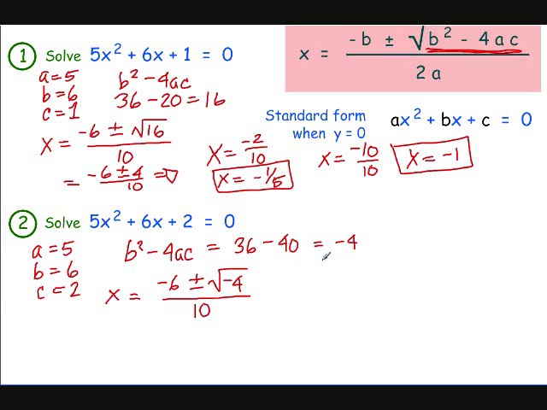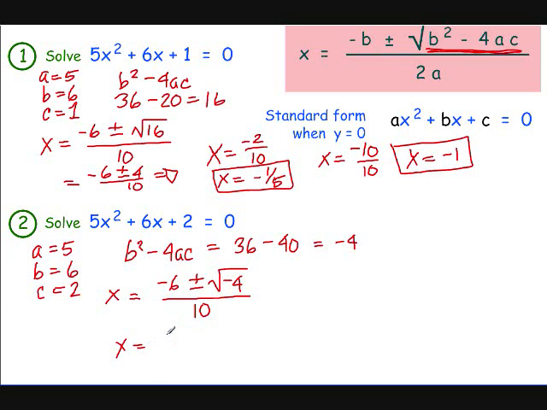Now a year ago, or a couple years ago, when you found that the discriminant was less than 0, what would you say? You'd say, no real number solutions. True. However, now we know what to do with that. We don't need to restrict ourselves just to real numbers.